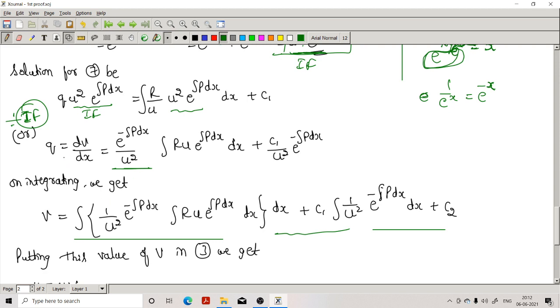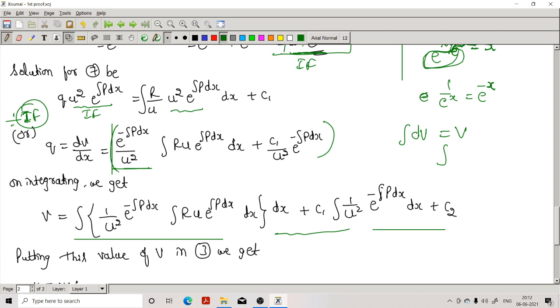Okay, fine. q is nothing but dv by dx. On integrating we get v, and integrating means you have to integrate both LHS as well as RHS. In LHS we will get integration of dv, which is nothing but v. In RHS we will get all this term with respect to x.